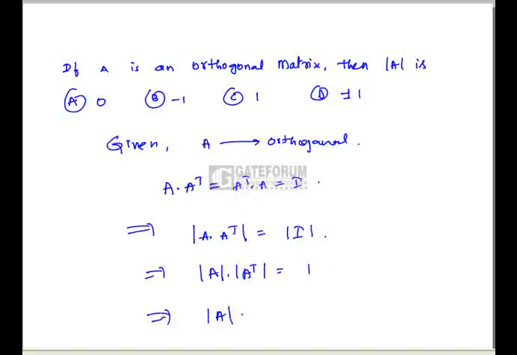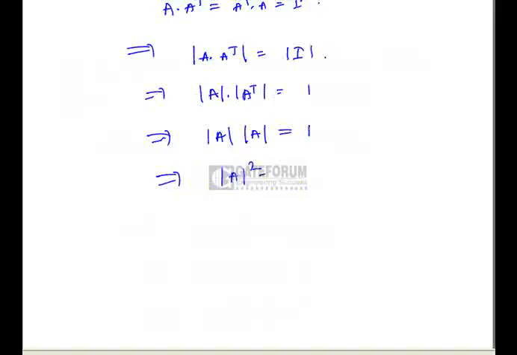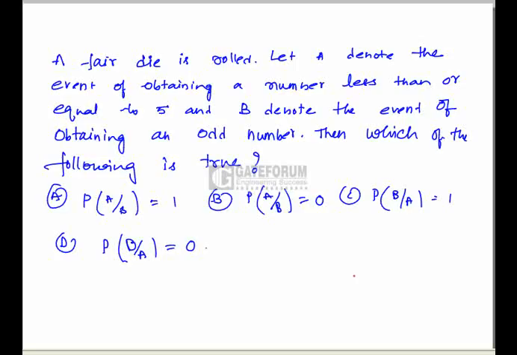Also we know that the determinant of A transpose and the determinant of A are equal. So we can write determinant of A square is equal to 1. So the determinant of A will be plus or minus 1. That is option D.